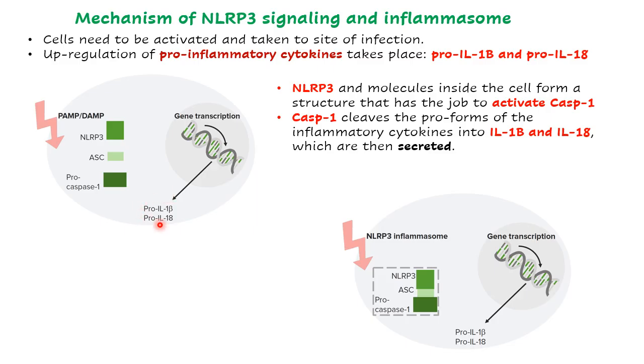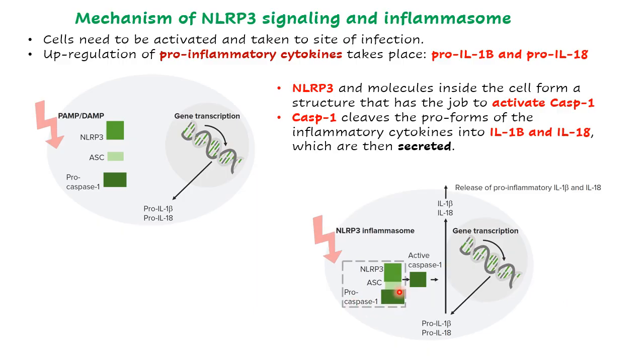You have the pro-inflammatory cytokines that are still not active, but once you get your caspase 1 activated, you are going to create the active form of those inflammatory cytokines. So you're going to cleave the pro version, and you're going to have exocytosis or secretion of your inflammatory cytokines.